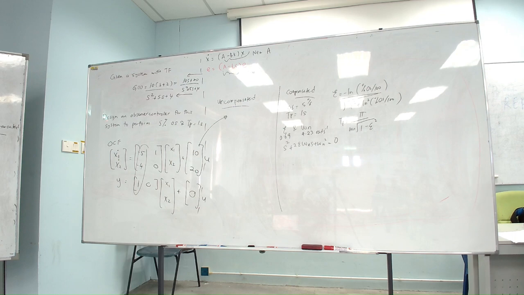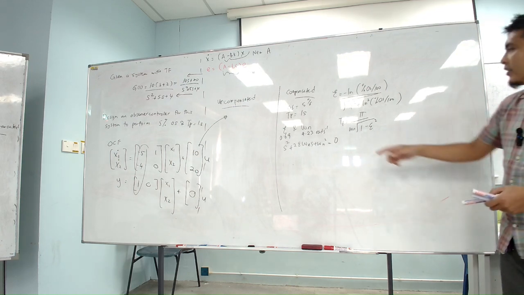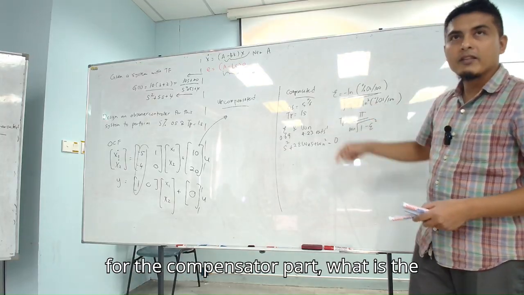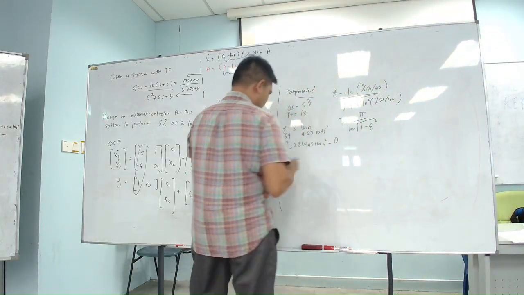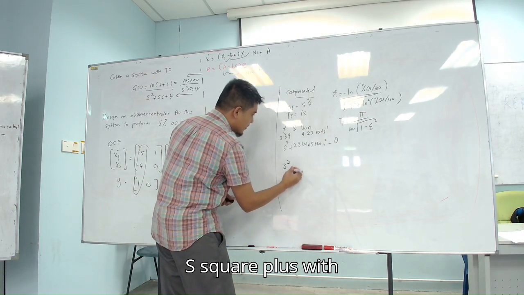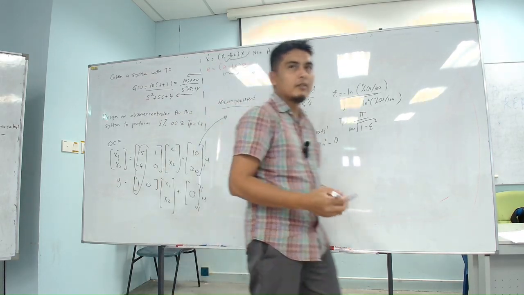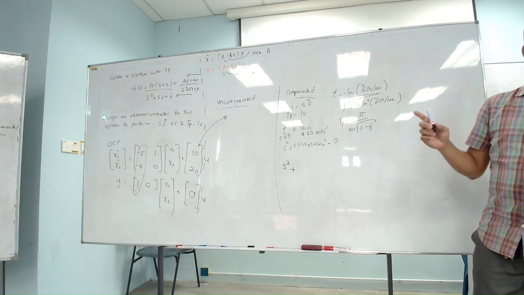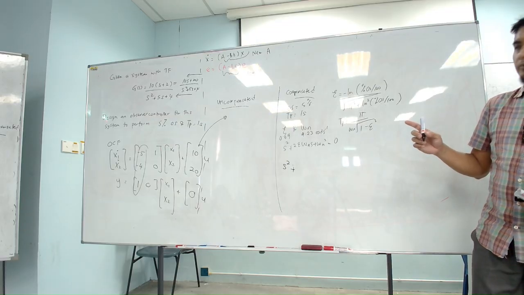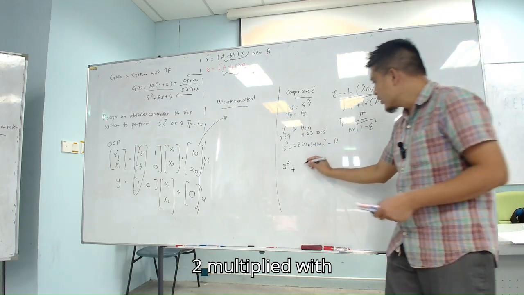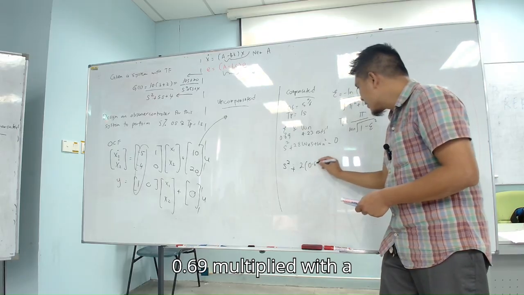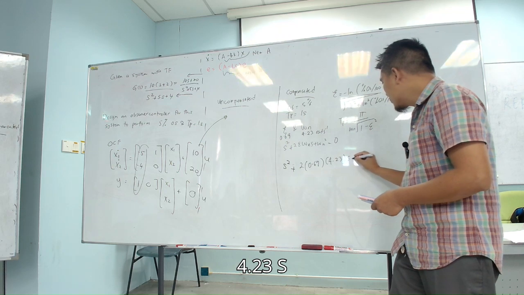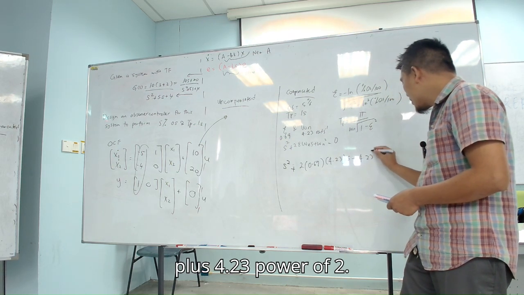Okay. So when you replace into this equation for the compensated part, what is the answer you get? s squared plus 2 multiplied by 0.69 multiplied by 4.23 s plus 4.23 to the power of 2.